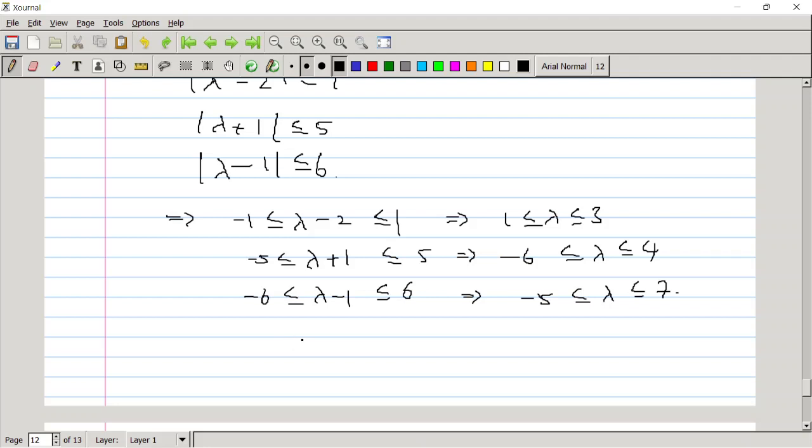It can be equal to 5 also. How 5? Because here lambda is less than or equal to 3. Yes, you are right. We are talking of a single lambda only, no sir? Yes, yes.